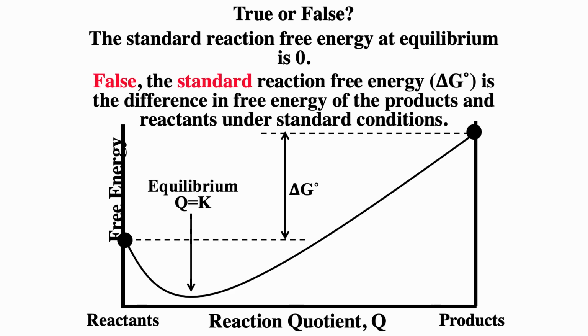And so this one's false. Standard reaction free energy is just the products minus reactants. And so like the equilibrium constant, the standard Gibbs free energy is a constant for a specific reaction at a specific temperature.